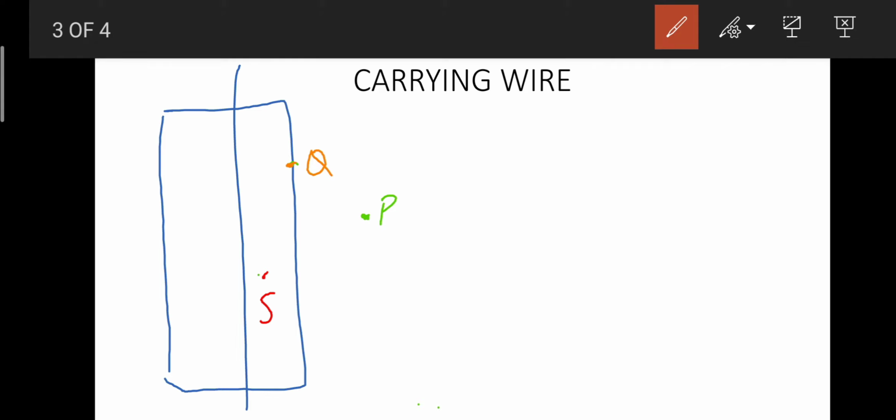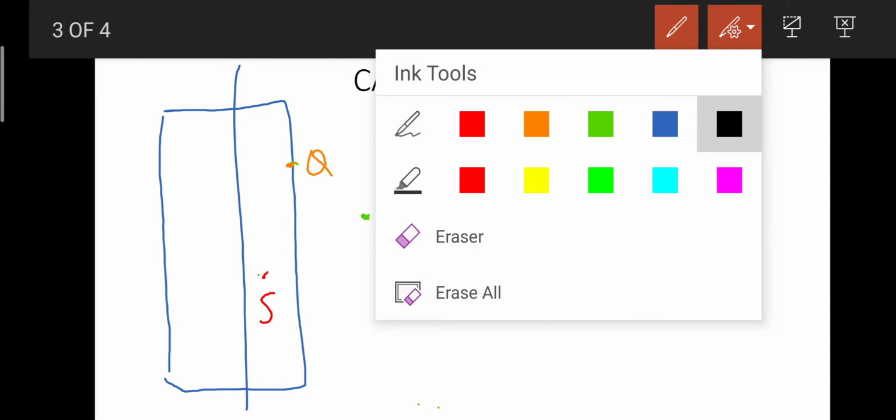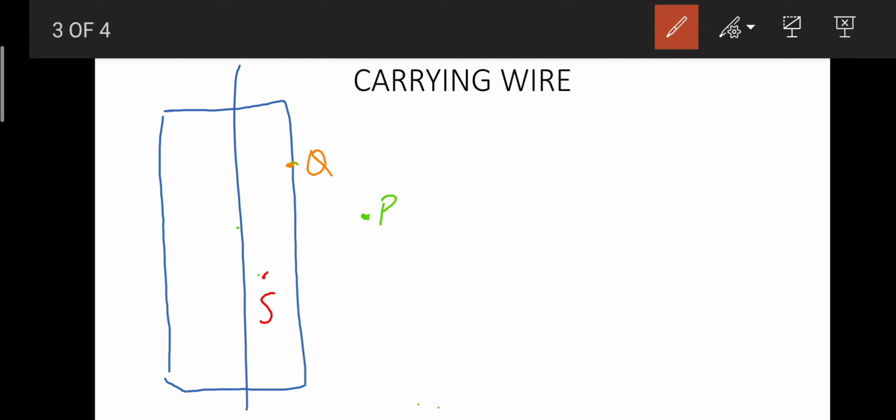What would happen? If I want to determine B at point P, the distance from the central axis would be equal to r.